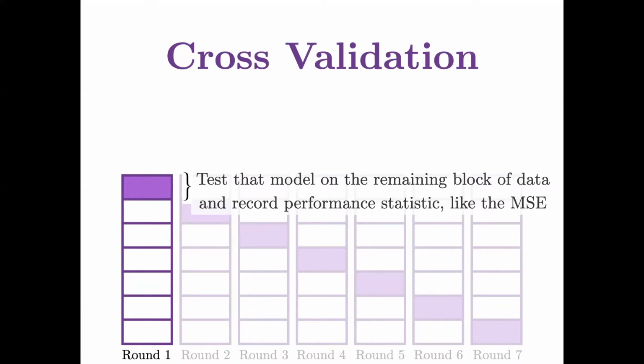And we're going to record some kind of performance statistic here, like the mean squared error, or the R-squared, or the adjusted R-squared, or the C-statistic from logistic regression, or accuracy from logistic regression. Whatever it is, however you intend to measure your model on test data eventually, we're going to use that here to judge our model on each validation block.